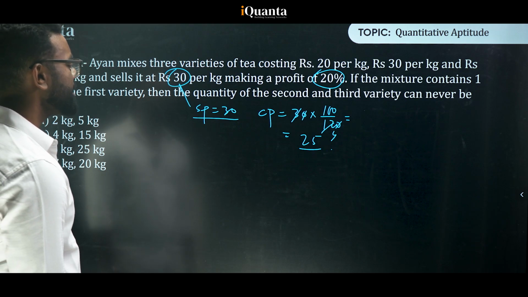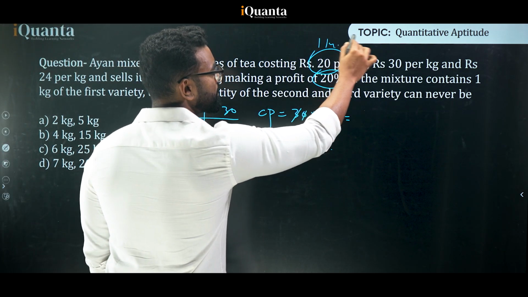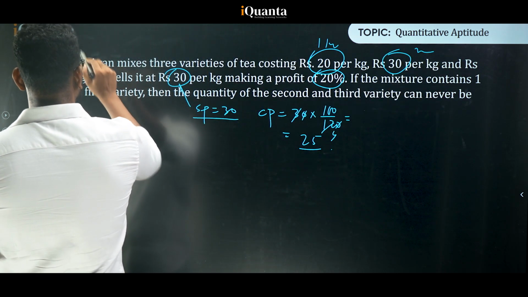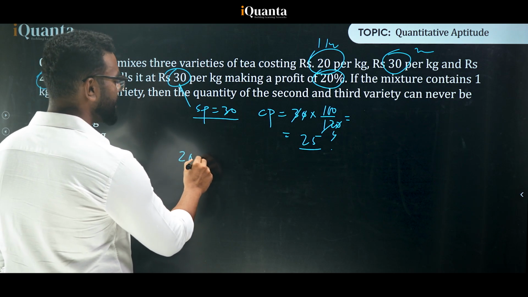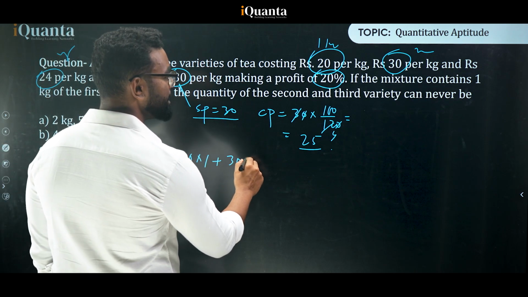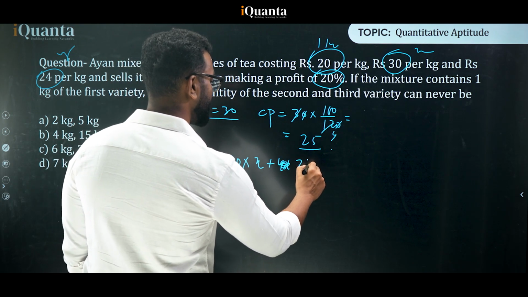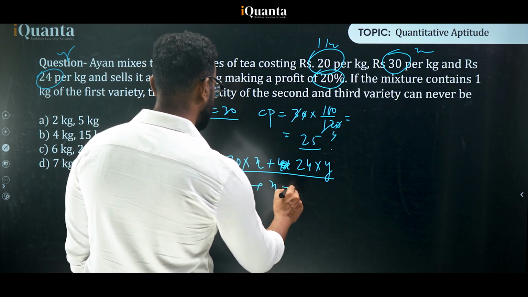So 25 is my cost price, and let's say this one is 1 kg, this one is x, and this one is y. If I have 1, x and y, what is the average? The average is (20 into 1 plus 30 into x plus 24 into y) whole divided by (1 plus x plus y).